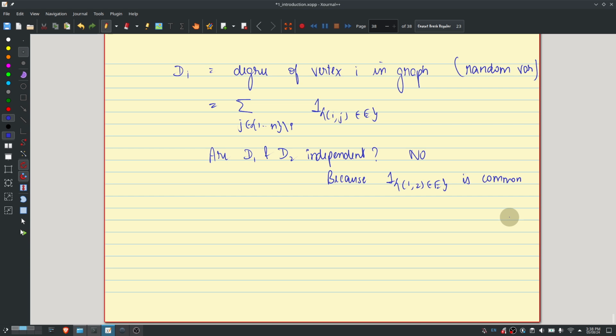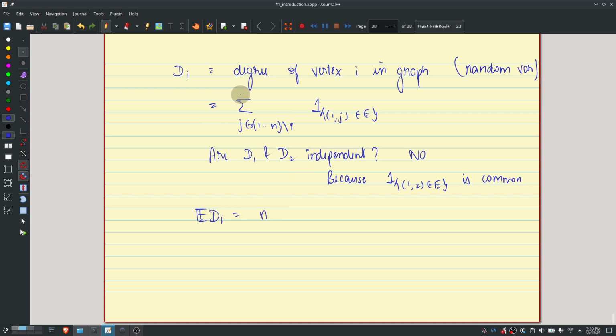So why am I bringing this up? What I want to know is what is the degree distribution. So what is the expected degree of vertex i? It's n minus 1 into p, right?